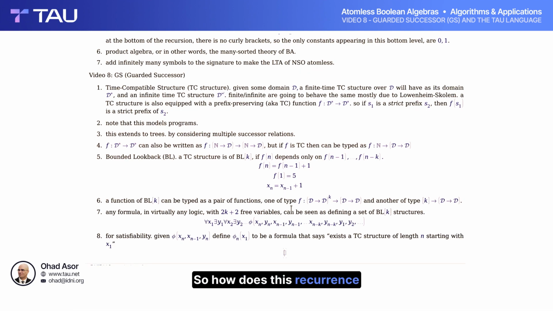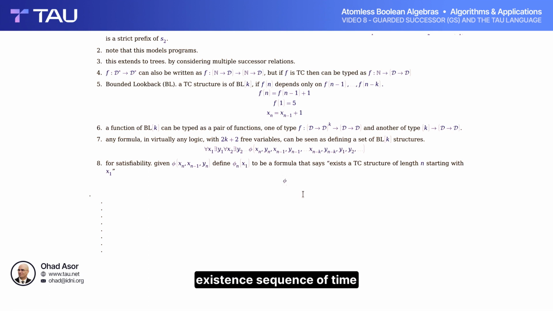So how does this recurrence relation look like? Exists a sequence of time 2 that starts with x1 would mean that for all y2 exist x1, x2, such that phi x1, x2, x1, y2.